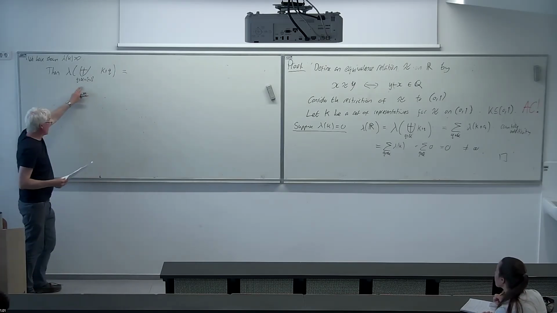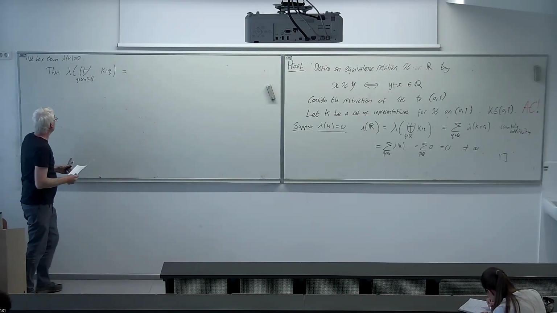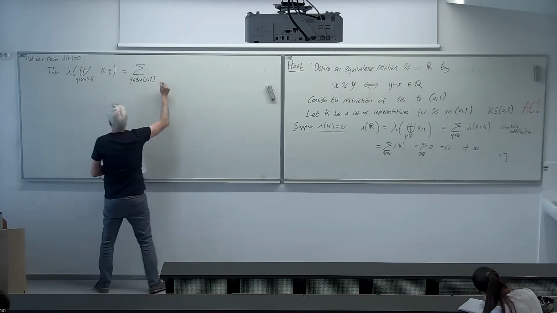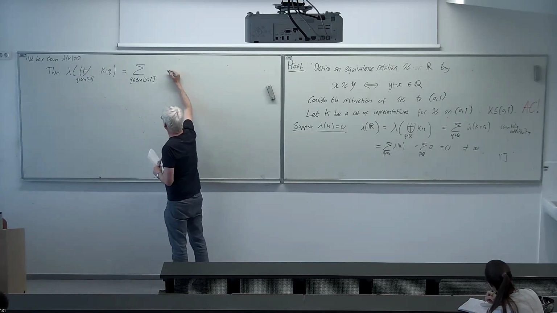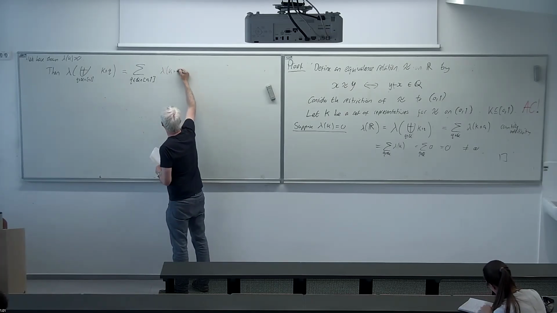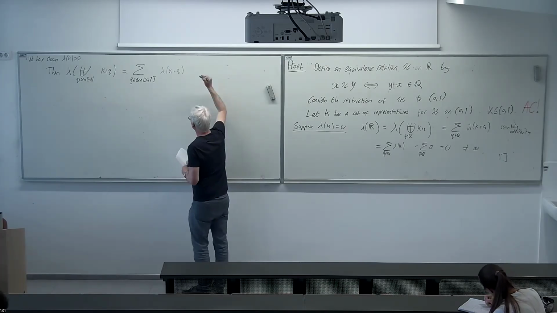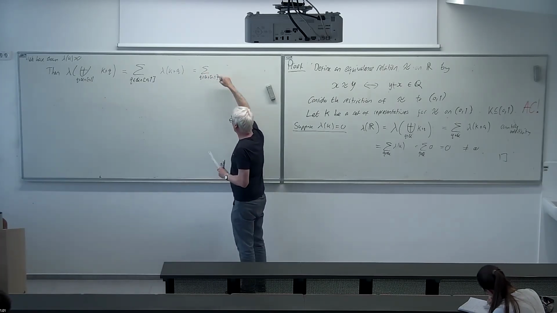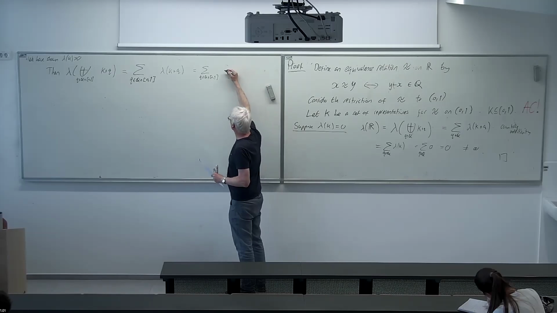Because we want this to be a countable disjoint union. So this is the sum over those rationals of the length of K plus Q, which is now a sum over those rationals, of which there are infinitely many, because of course there are infinitely many rationals in the interval.